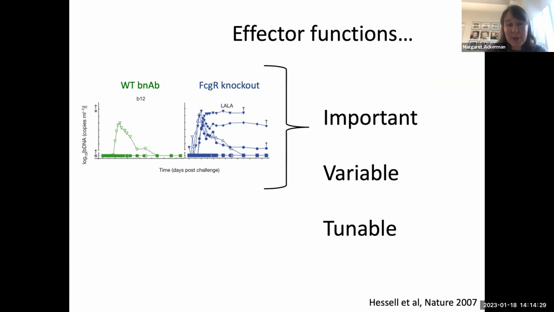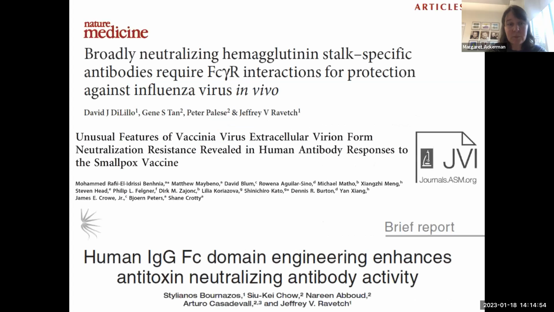And wild type antibody was able to protect almost all the animals from infection, whereas the neutralizing antibody mutated to lack binding to FcγR receptors and complement failed to protect half of the animals. So even a potent and broad neutralizing antibody in vivo to protect the host benefits from its effector function.